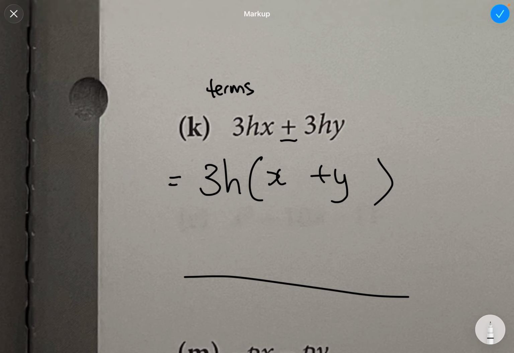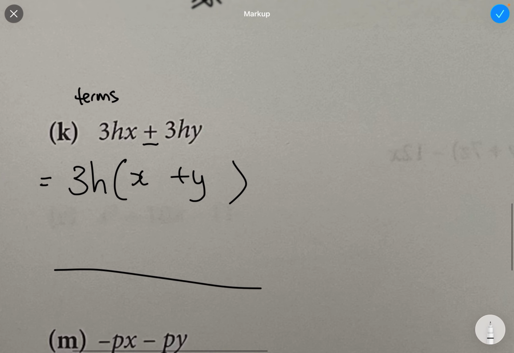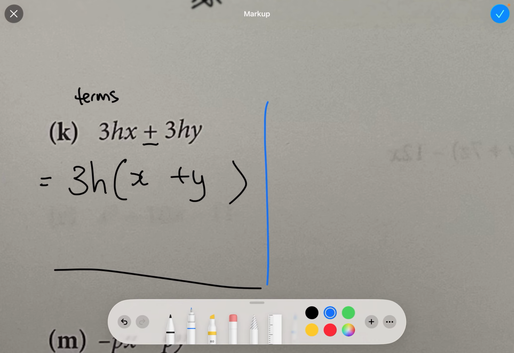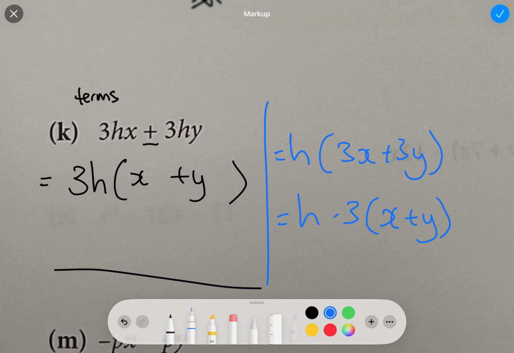If you only take out h, then you must continue to factorize. If I only take out h, I will have 3x plus 3y. It is not completely factorized because inside my bracket, 3x and 3y, 3 is still a common factor. So I have to further factorize out a 3 to get my x plus y.